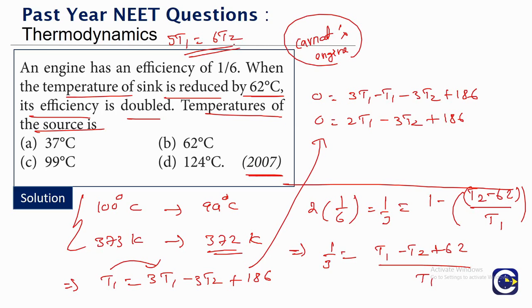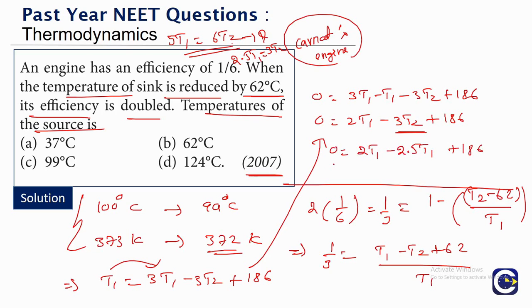So if you look at the first equation, what is this? Is it equation 1? 6 T2 is equal to 5 T1, so from here, if you divide both sides by 2, then we'll get 2.5 T1 is equal to 3 T2. Dividing both sides by 2, in place of 3 T2, we can substitute 2.5 T1.